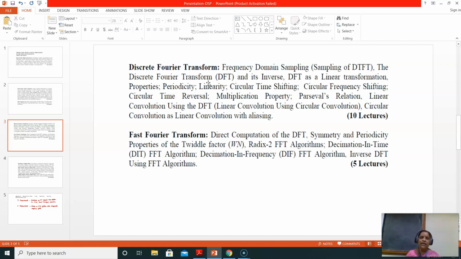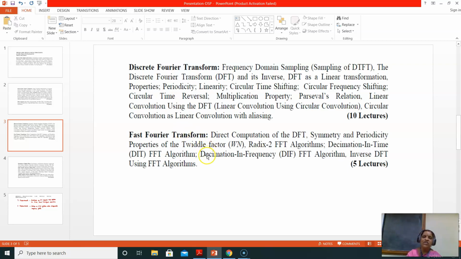The next chapter deals with the fast Fourier transform. The fast Fourier transform is used to compute the DFT coefficients efficiently. So here it has certain algorithms, decimation in time and decimation in frequency. These algorithms are used to compute DFT coefficients efficiently.